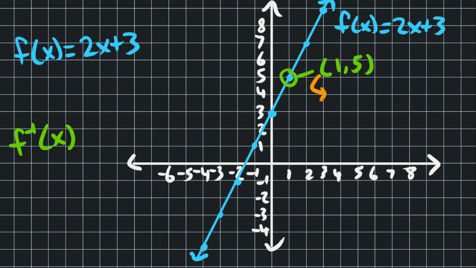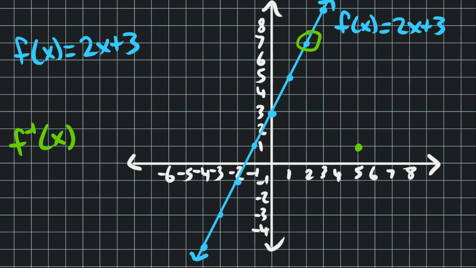To transform this onto the f inverse of x line, we are simply going to switch the x and y coordinates. So 1, 5 becomes 5, 1, which is here. And we're going to do that with every point.